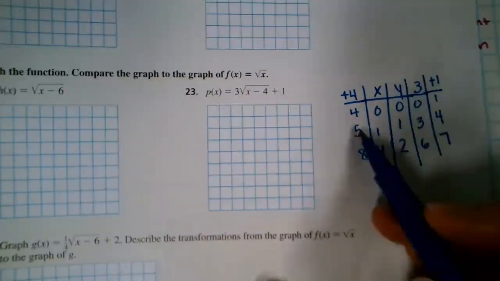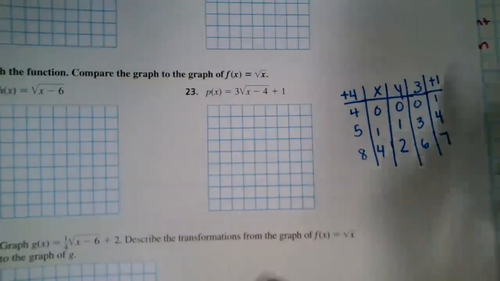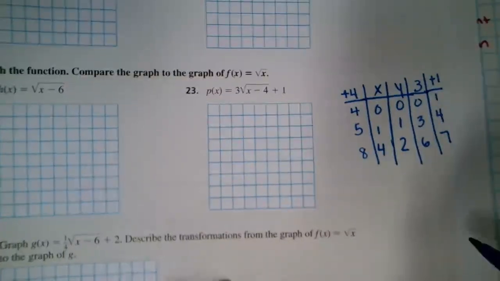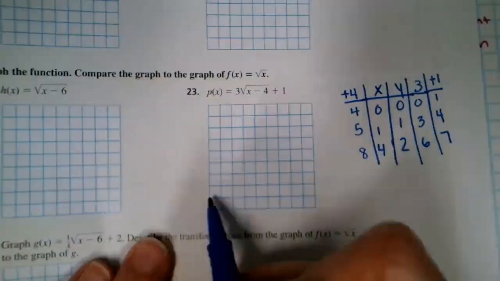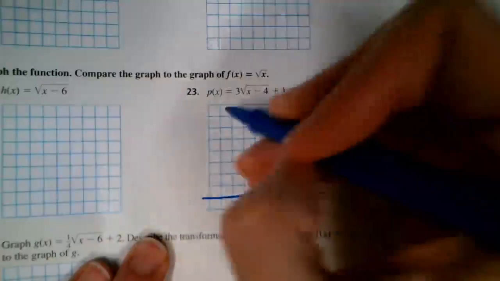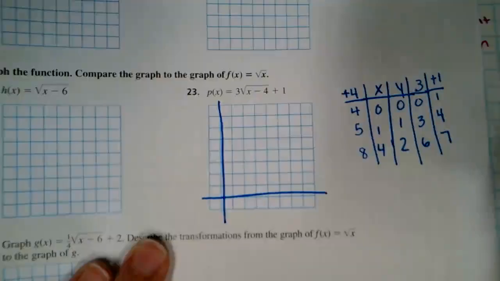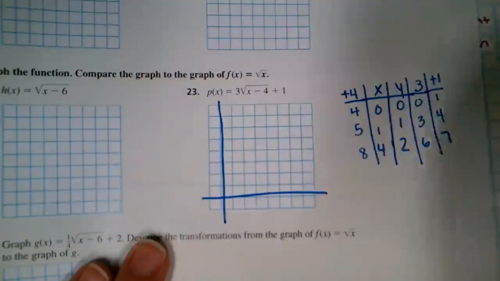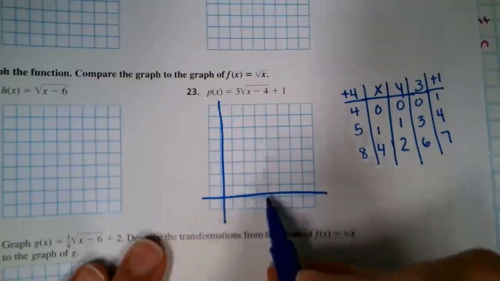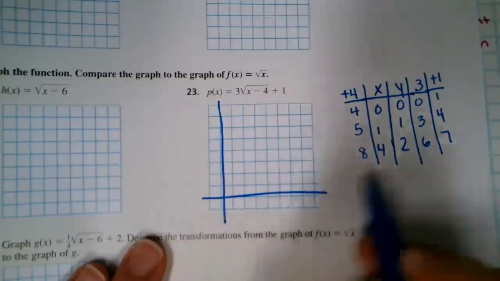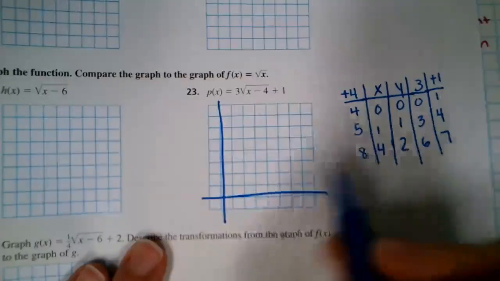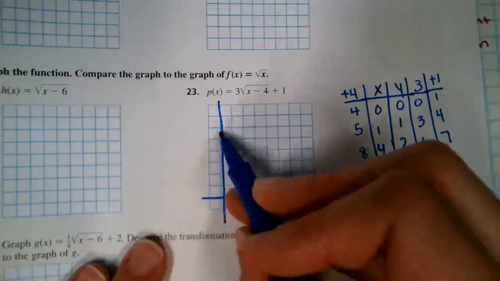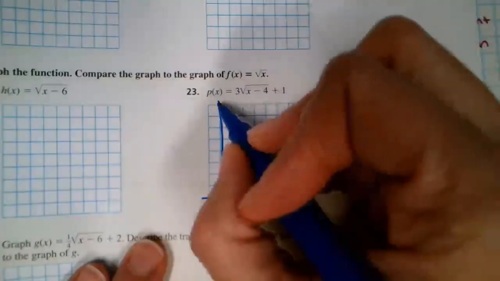I need to plot 4, 5, and 8 on my x-axis and 1, 4, and 7 on my y. So I'm in quadrant 1 for this. So when I use this little graph here, I'm going to make my x and y axis here. If I count 1, 2, 3, 4, 5, 6, 7, 8, I can fit what I need on this graph. And 1, 2, 3, 4, 5, 6, 7, I can fit what I need on this graph.